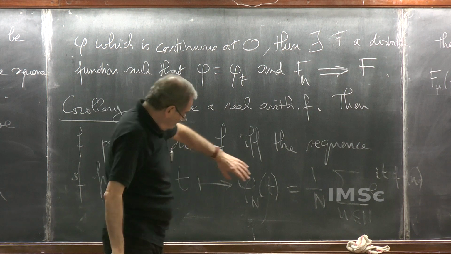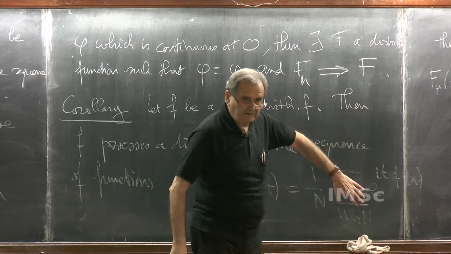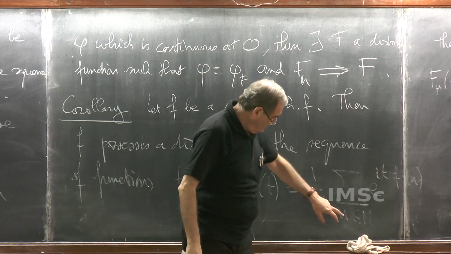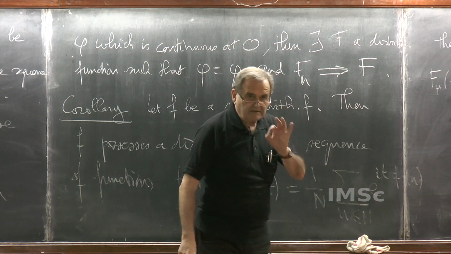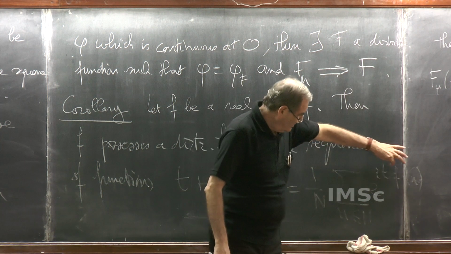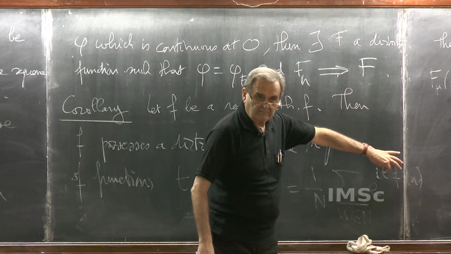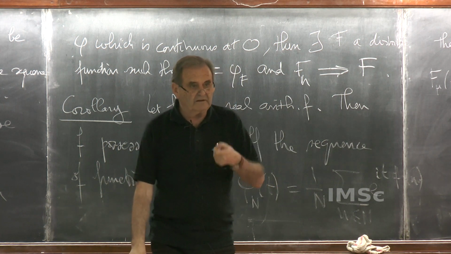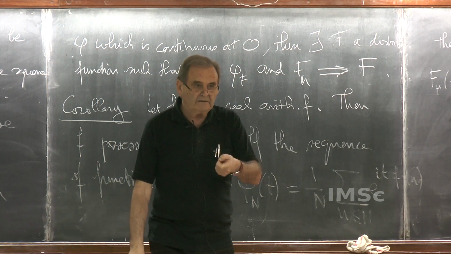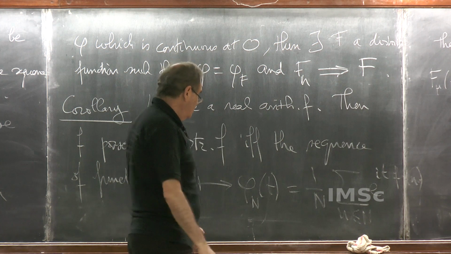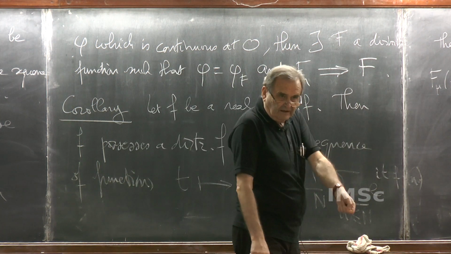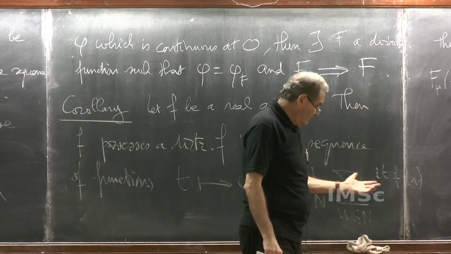You remember this measure which was associated to f: nu_n of f is 1 over n, and then you put a Dirac measure at each point f_n. Now if you have a Dirac measure at the point f_n, to integrate the function e to the i t x with respect to this measure is just to take the value at the point f_n.